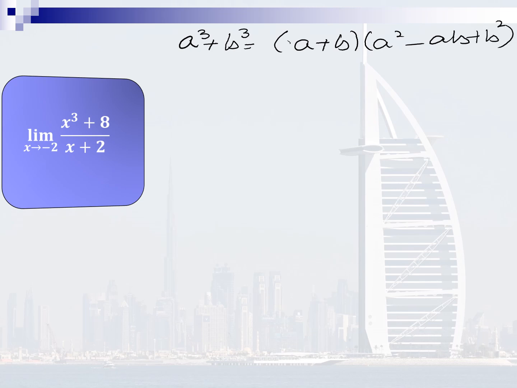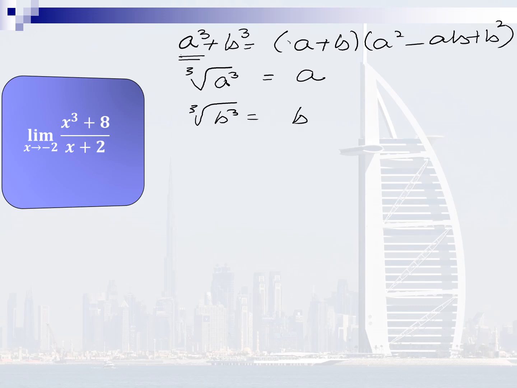Now how to find the a and the b? If I take the cubic root of a cubed, it will give me a. If I take the cubic root of b cubed, it will give me b. And I only have to replace those a and b in the formula to get the answer.